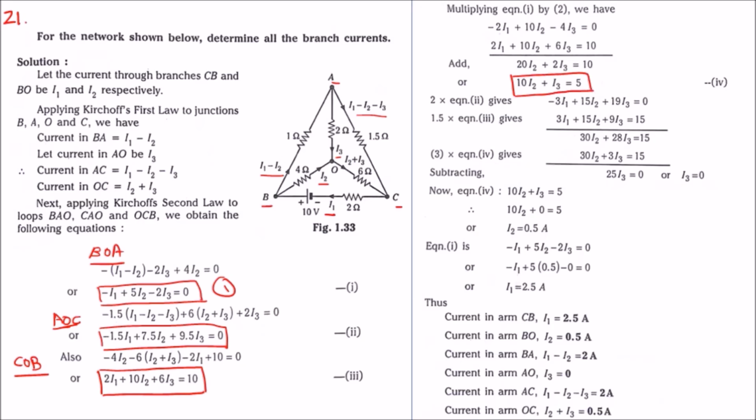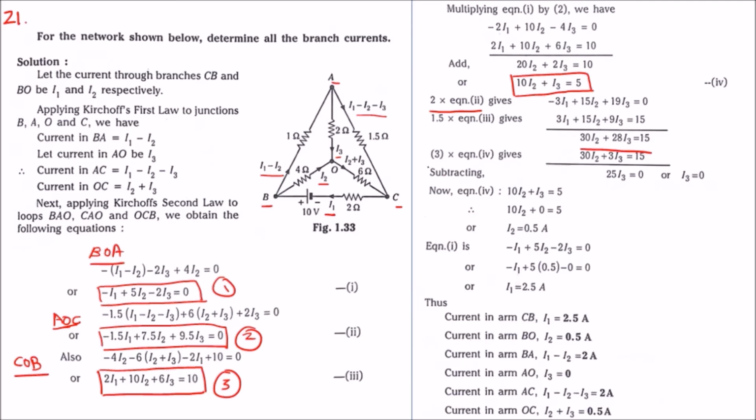Then again we will multiply 2 to equation number 2 and 1.5 to equation number 3. When it becomes similar, we will add those two equations to further simplify, and we get this equation: 30I2 plus 28I3 is equal to 15.